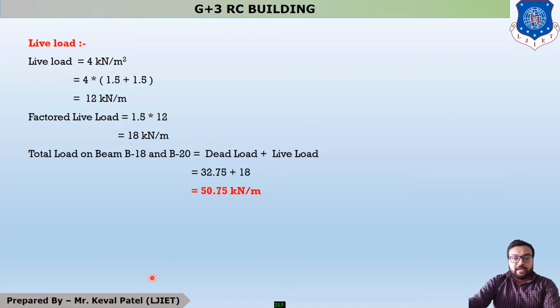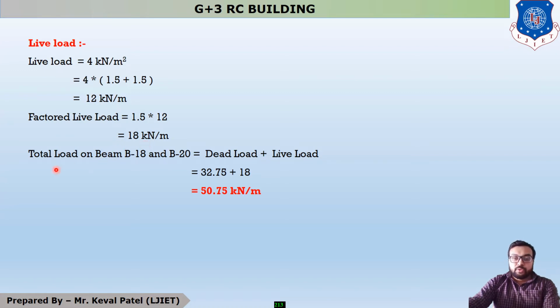So your live load is 4 into 1.5 from left side and 1.5 from right side. So it is 12 kilonewton per meter, but this 12 kilonewton per meter is also an unfactored load, so your factored live load is 18 kilonewton per meter.